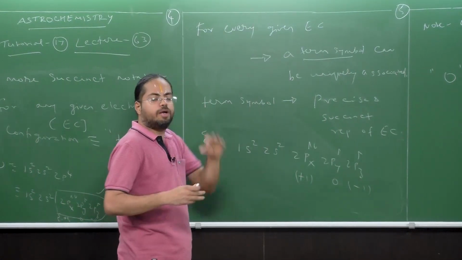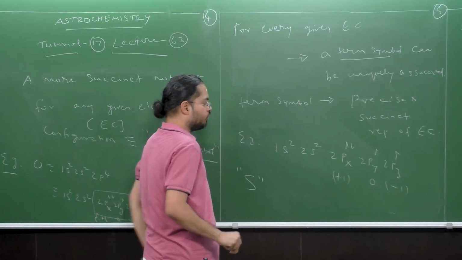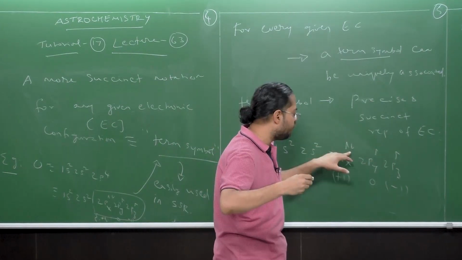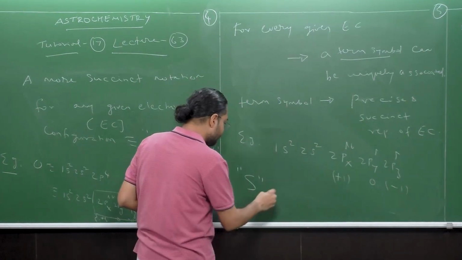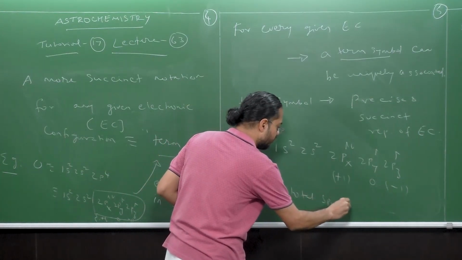Now, we're going to define 3 quantities. The first corresponds to the spin quantum number, which can be +½ or -½. So S is going to be the total spin quantum number.